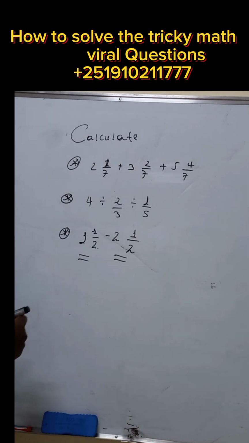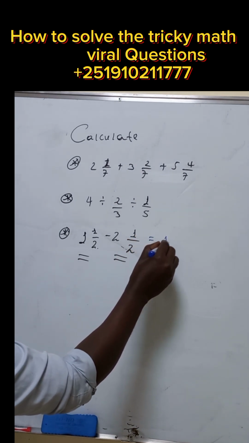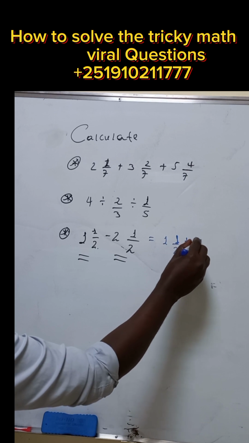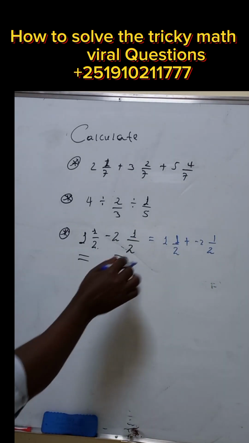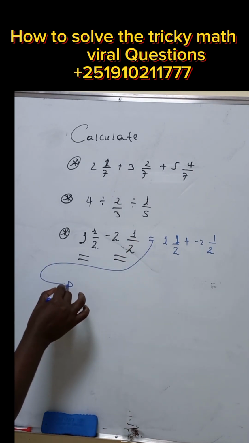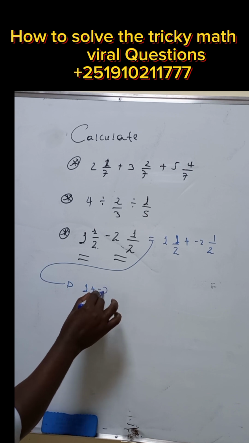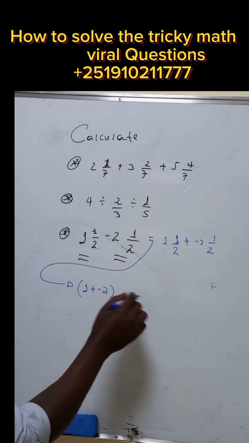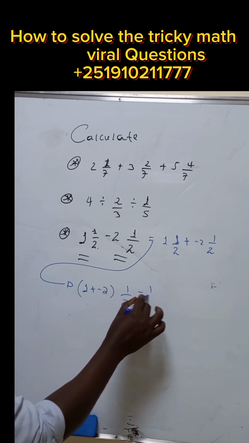For example, this can be written this way, that we can represent this as 1 whole 1 over 2 plus negative 2 whole 1 over 2. So how could you do this problem? Now to solve this problem, you can do it this way. 1 plus minus 2 whole, just like this, and again 1 over 2 minus 1 over 2.